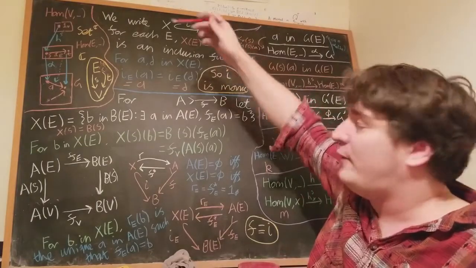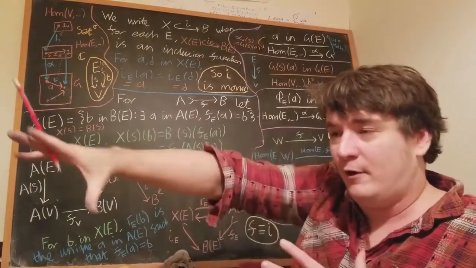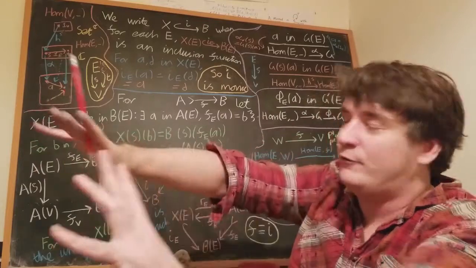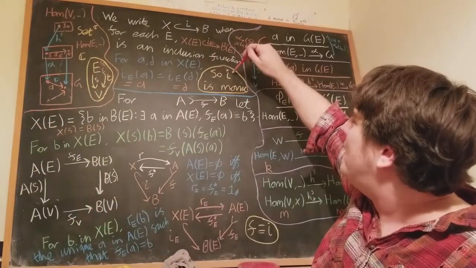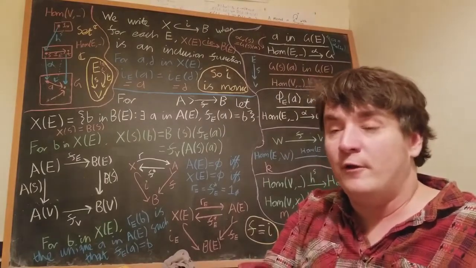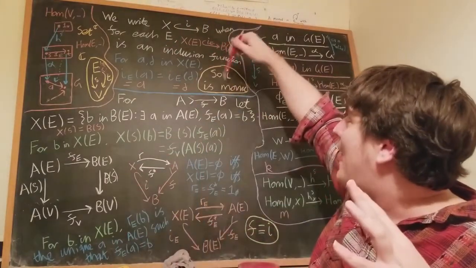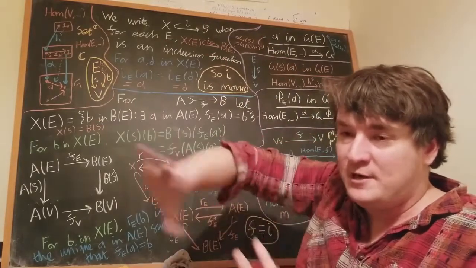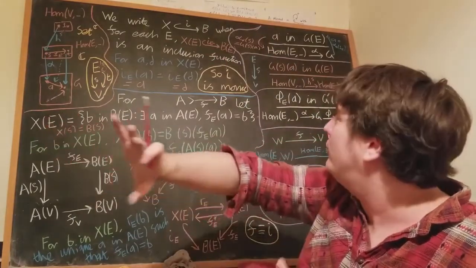And since this happens for every component E of our natural transformations, that shows that I is monic, by the previously argued correspondence between monic arrows and arrows which have each of their components as one-to-one functions.